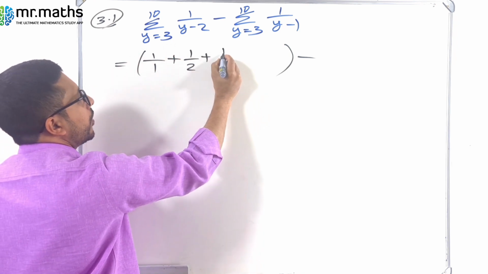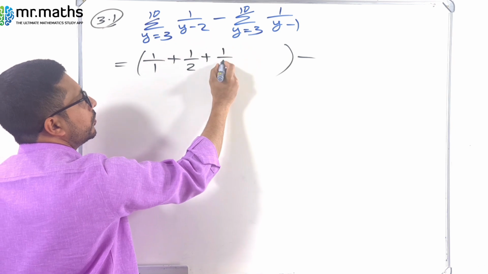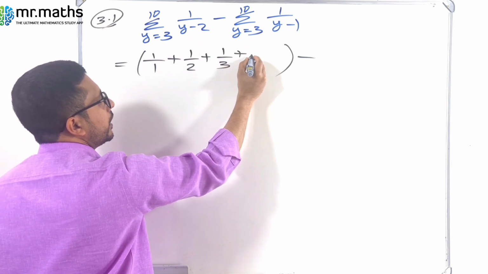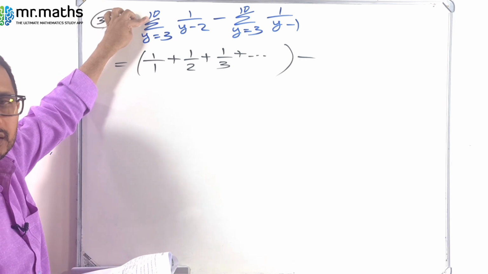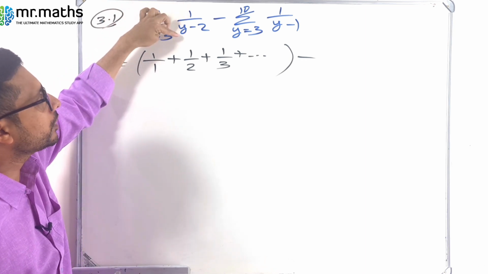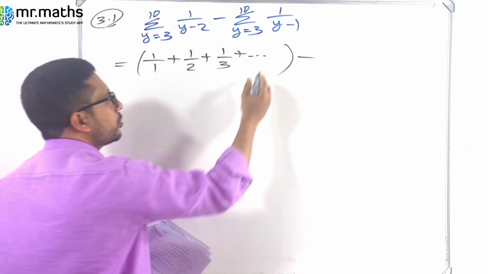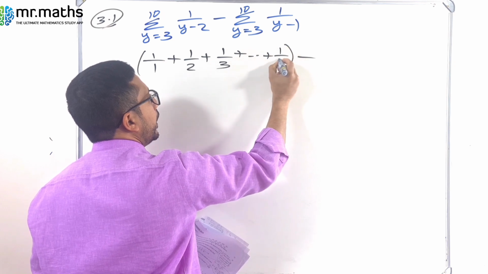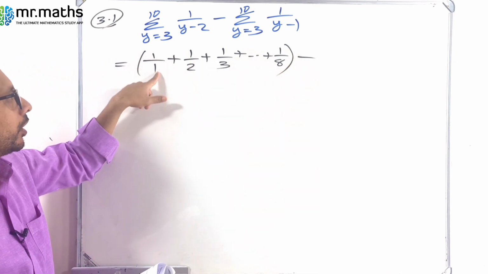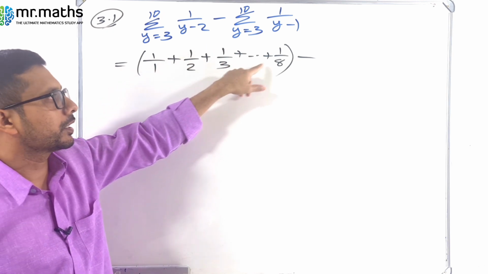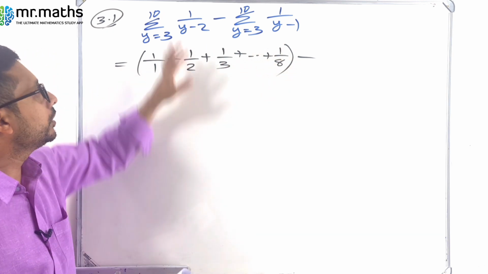So it is 1 divided by 5 minus 2, that is 3, plus etc. What is the last y value? It is 10. So 1 divided by 10 minus 2. What is 10 minus 2? 10 minus 2 is 8. So 1 over 1 plus 1 over 2 plus 1 over 3 plus etc. up to 1 over 8. So this one is finished.